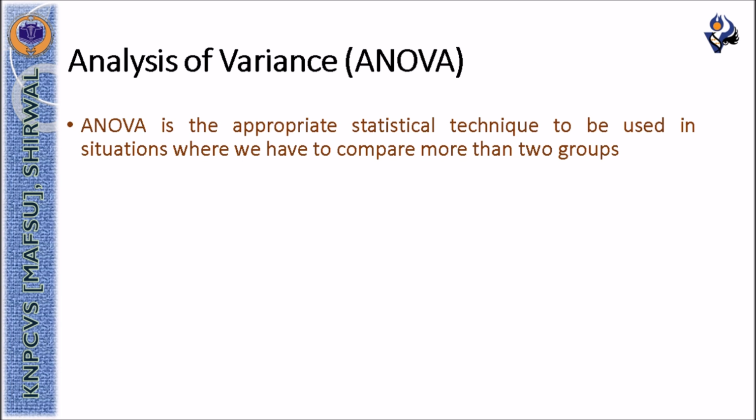Analysis of variance is the appropriate statistical technique to be used in situations where we have to compare more than two groups. One-way ANOVA is used for statistical analysis of a completely randomized design.